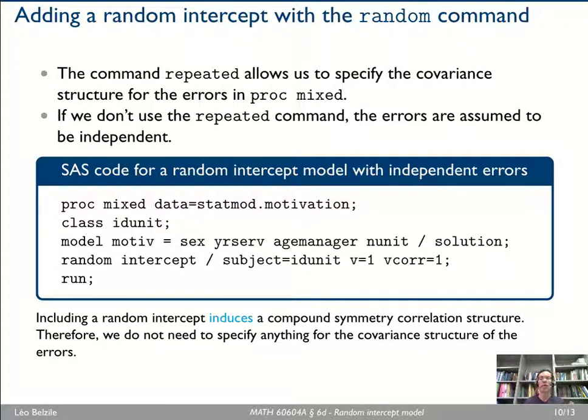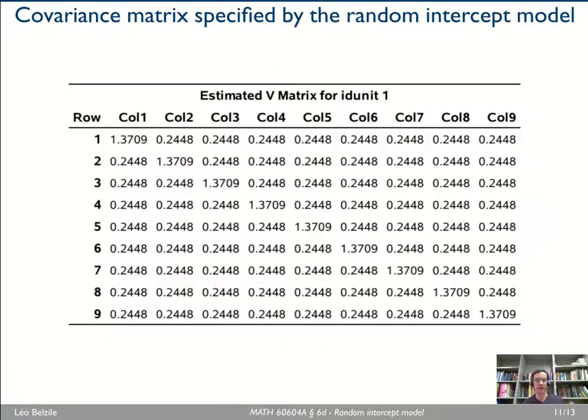And here v equals 1 and vcorr equals 1 are basically going to say print the variance and covariance matrix, and the correlation matrix, of ID unit 1, and that corresponds to the marginal variance of y. That's the sum of the variability of the error and of the random effect. And you don't have to specify type yet. The fact that you have a random intercept naturally induces the compound symmetry.